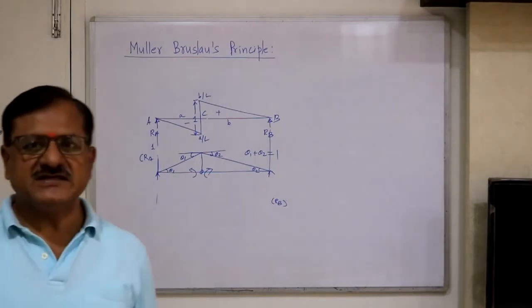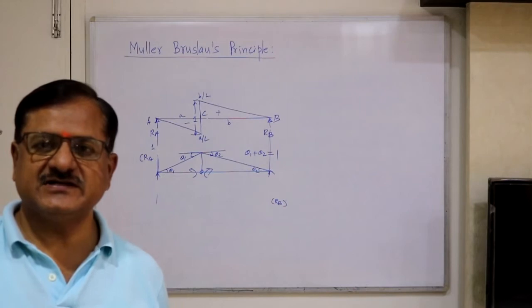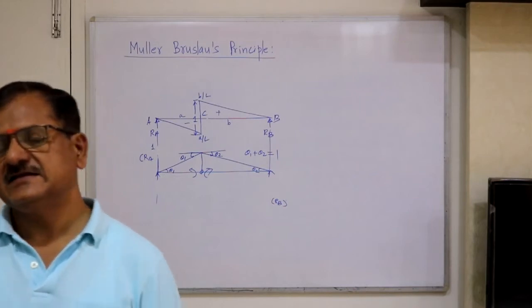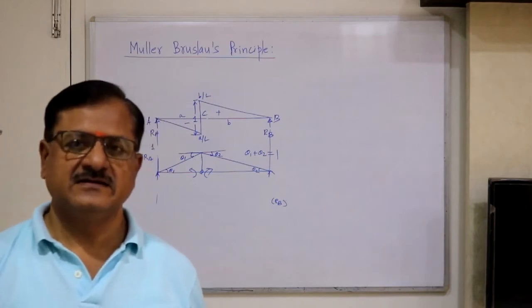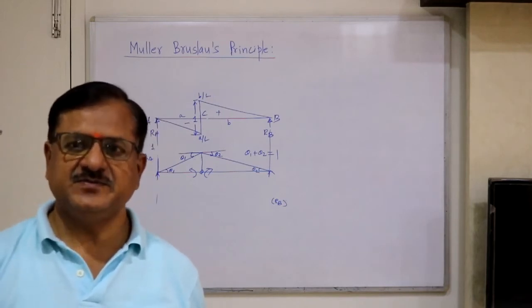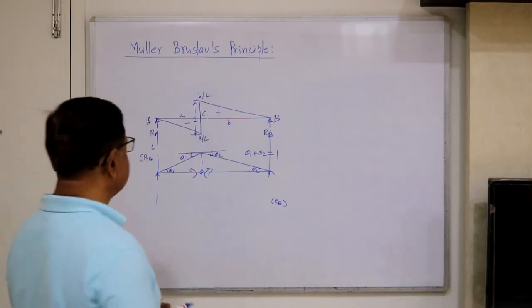So give the unit displacement in the direction of the structural function for which the ILD is required, then the corresponding shape of the structure represents the influence line diagram for that structural function.